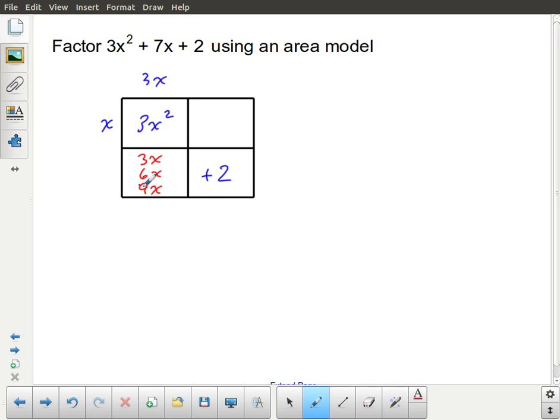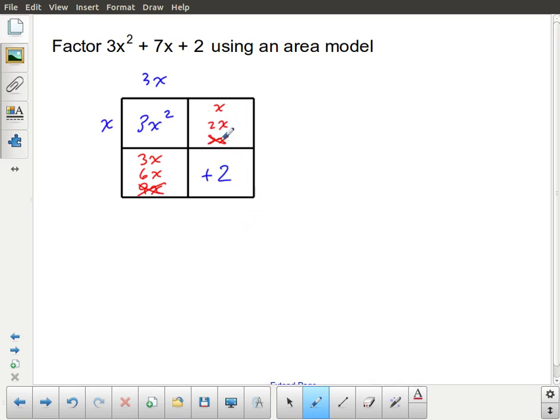That's not even possible in this case. I was just showing you an example. So this could be x, this could be, here, let me do this vertically. This could be x, this could be 2x, this could be 3x. But of course, again, it can't be 3x because we need things that are going to multiply to give 2.